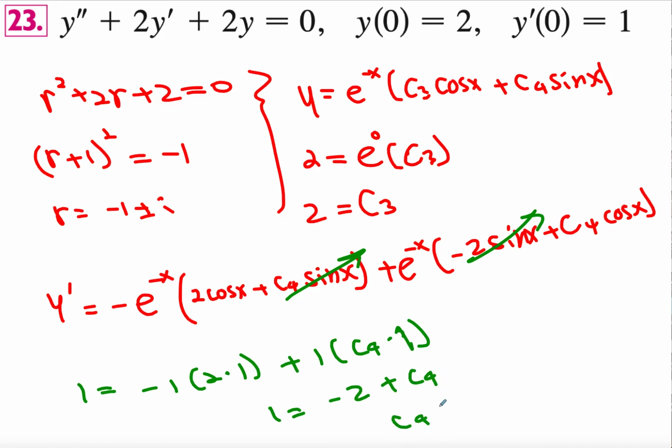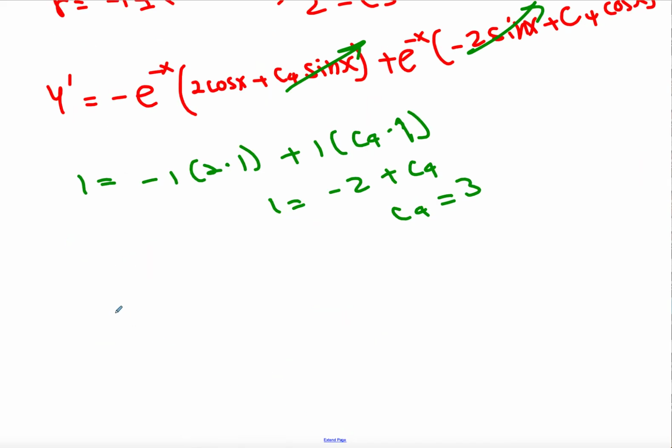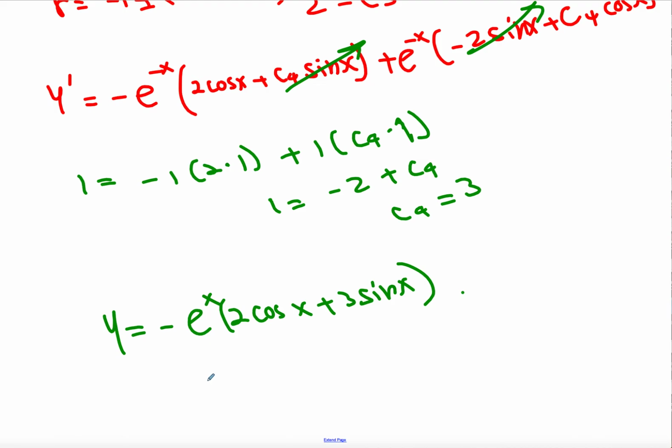So c sub 4 should be equal to 3. So when you combine them together, our equation is y equals e to the negative x times 2 cosine of x plus 3 sine of x. And that becomes our answer for question number 23.